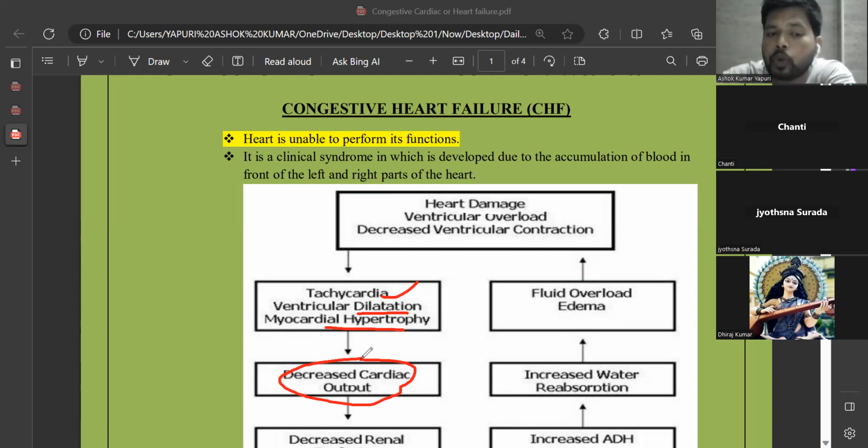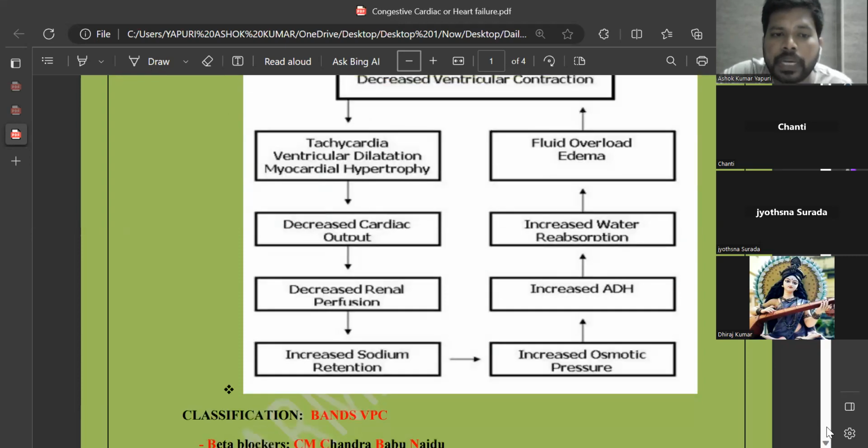If cardiac output decreases because of disease of the heart, other body organs will also be affected. Once the heart is affected, it may develop into a multi-organ disease, because the heart is essential to send cardiac output to the whole body. So here cardiac output is decreasing.